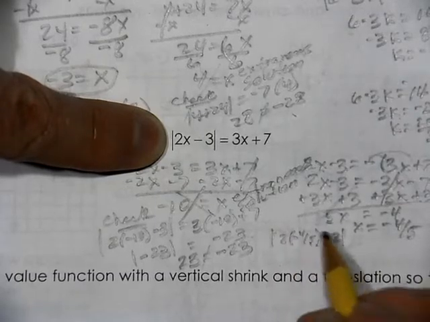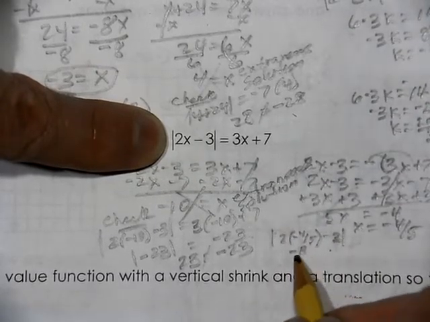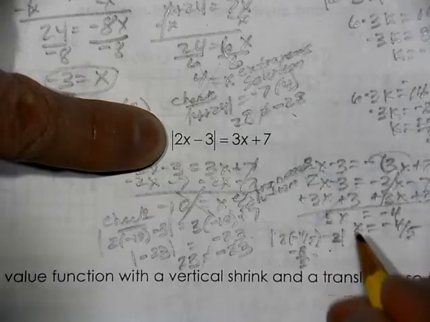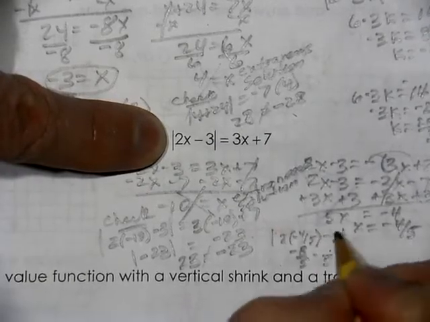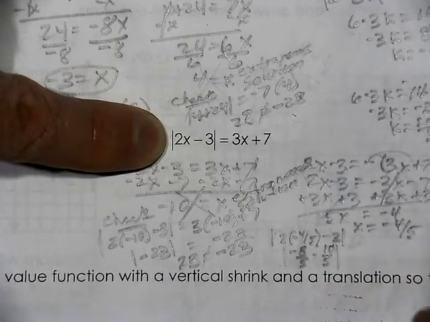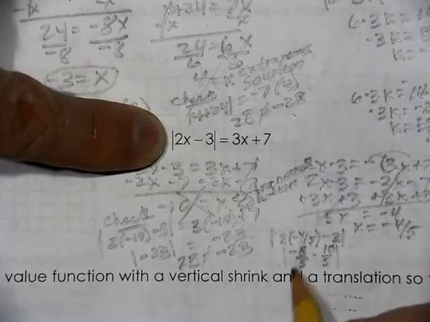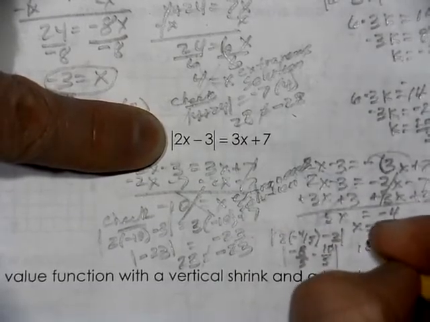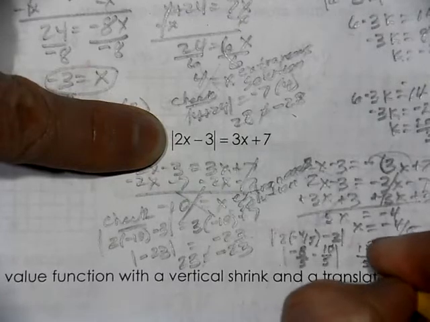That gives us negative 8/5 minus 2, but I need a denominator of 5, so that's got to be 10/5. So that's going to come out to be negative 18/5, which is a positive 18/5.